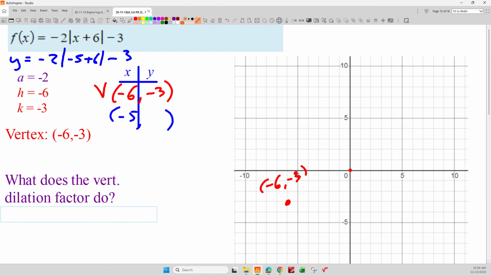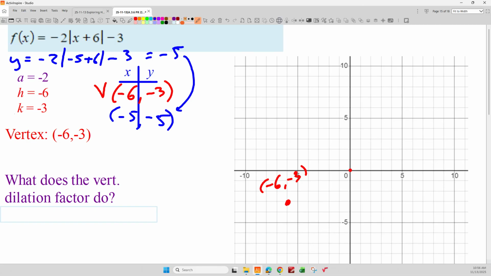What's the absolute value of negative 5 plus 6? 1 times negative 2. Negative 2 minus 3. Well, negative 2 minus 3 is negative 5. Remember, subtracting is the same as adding a negative. So that would be the same as saying negative 2 plus negative 3, which is negative 5.